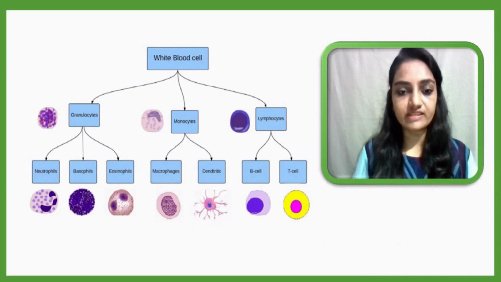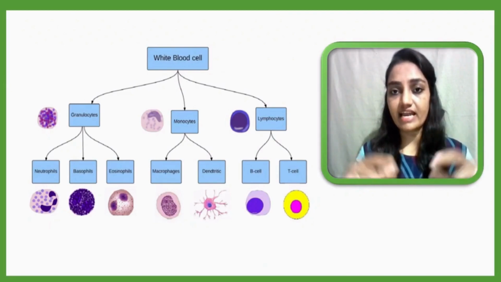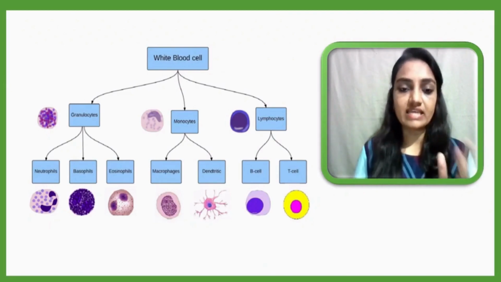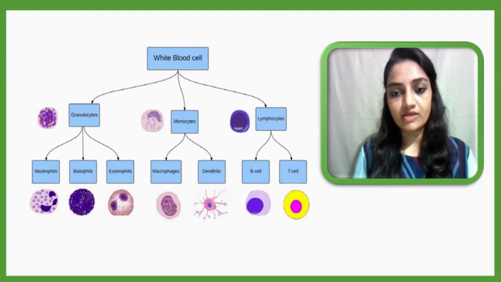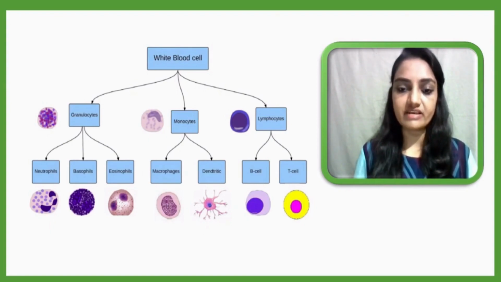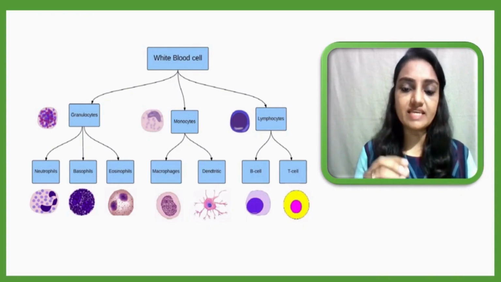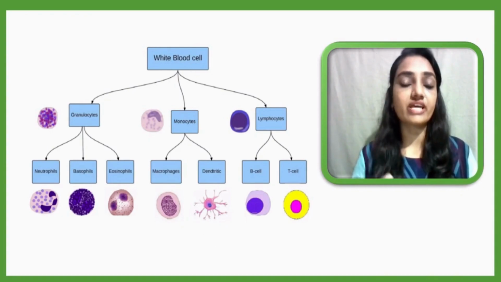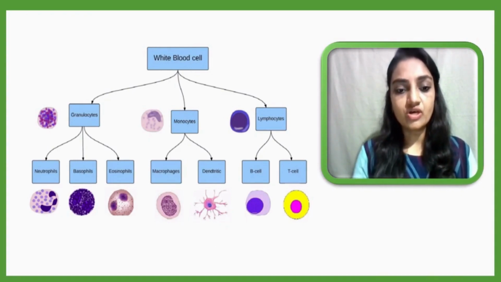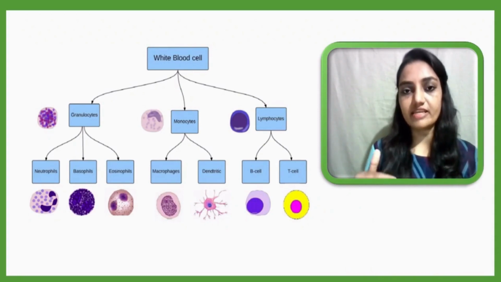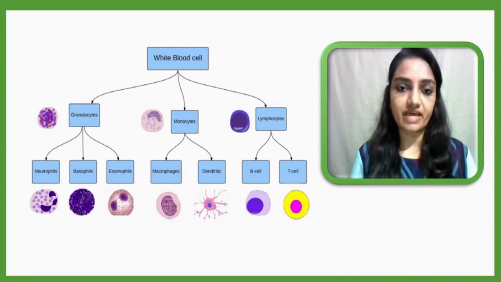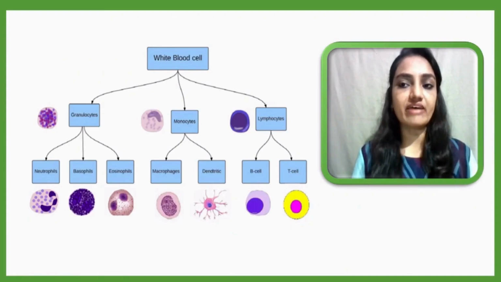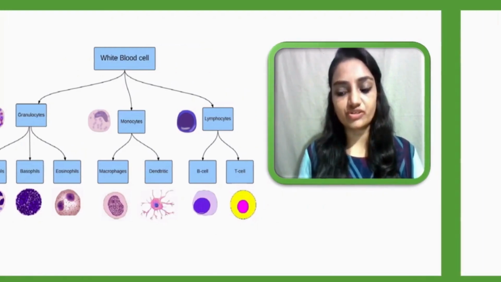Then monocytes are the largest sized WBC, and can be of two types: macrophages and dendritic cells. Then lymphocytes can be divided into B cells and T cells. These B cells are very important for the acquired immunity. So all the rest of the cells are very important as a cellular barrier. Okay, so white blood cells have their own brigade for fighting against the pathogen.